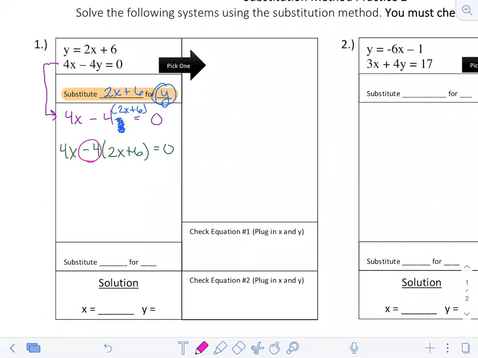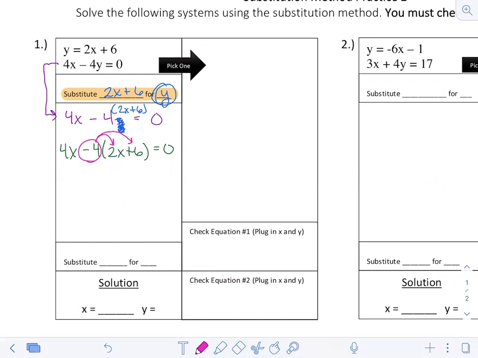Remember, we're going to distribute, which is another word for multiplying multiple times. So we're going to multiply -4 times 2x, and then -4 times positive 6. Go ahead and do that.